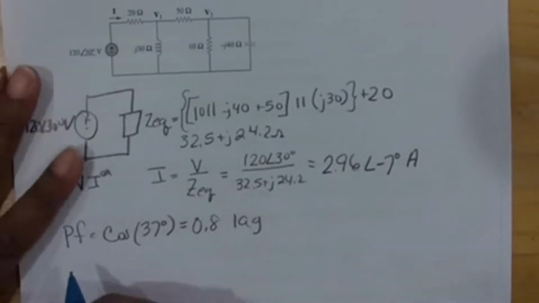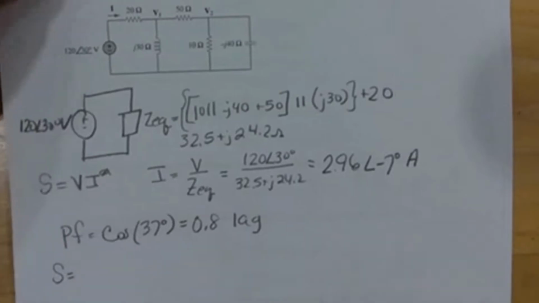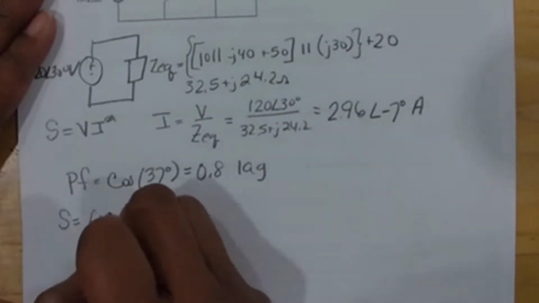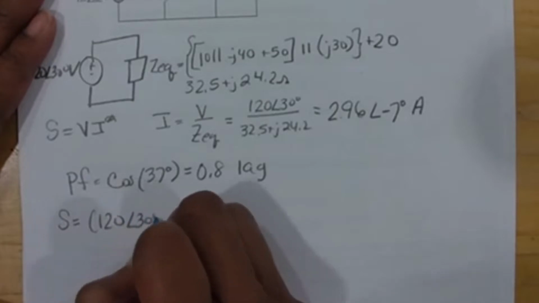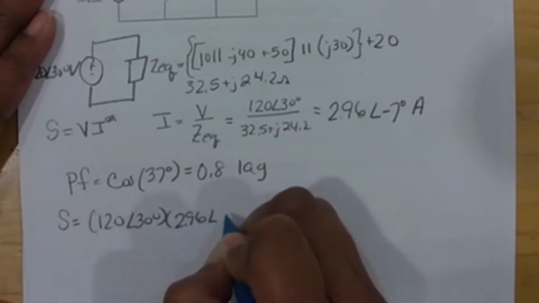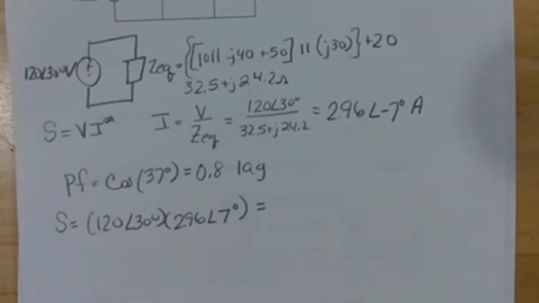So now I'm going to find my complex power, which is going to be VI conjugate. So that's going to be 120 with an angle of 30 degrees times 2.96 with an angle of 7 degrees.